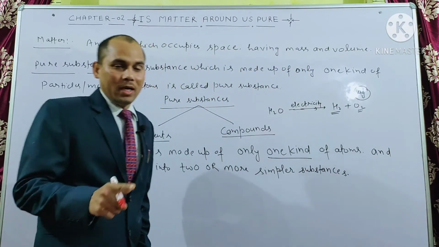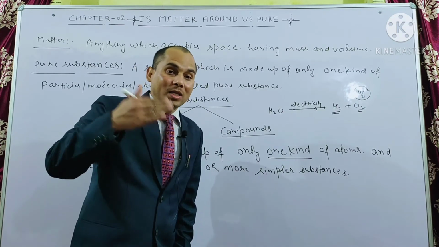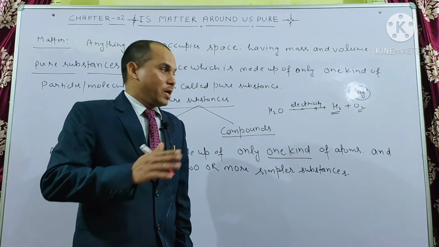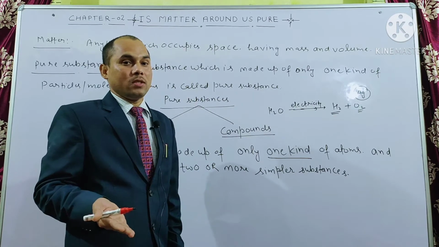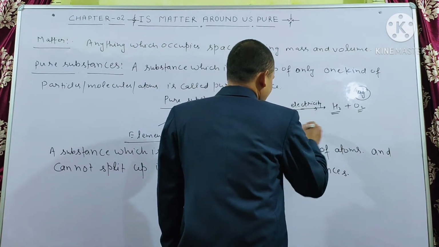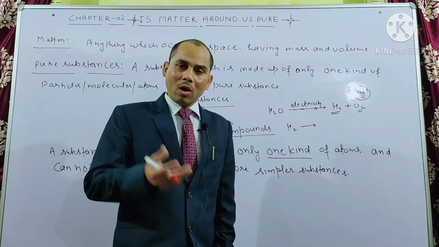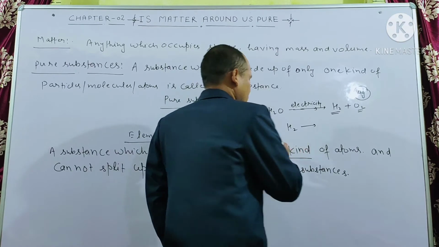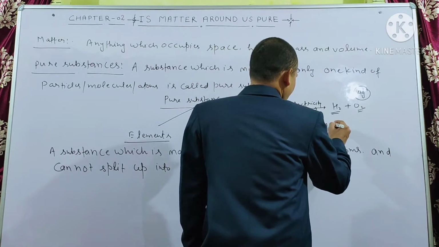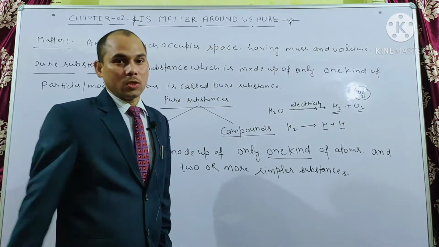But an element cannot be dissociated into simpler or other substances. For example, H2. On dissociation of H2, it forms H plus H. Both are hydrogen, no new substance is formed.